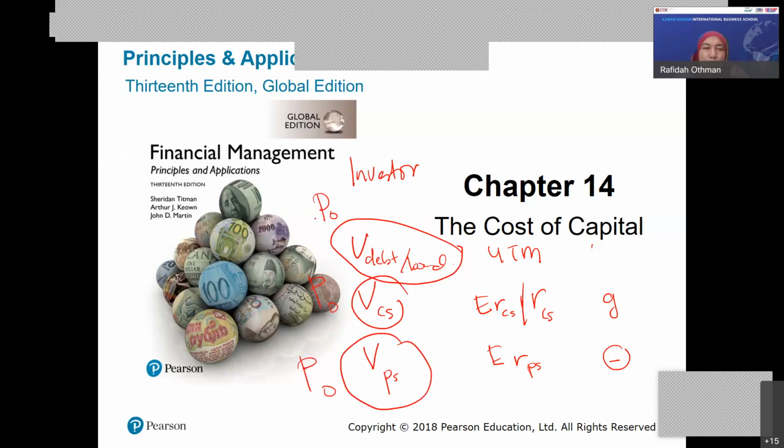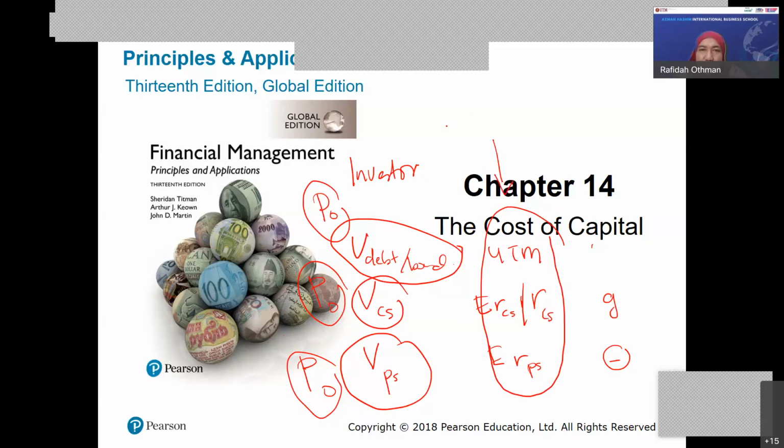We want to compare this intrinsic value with the price to see whether it is overvalued or undervalued. So from the perspective of the investor, this will be your expected return for your investment.